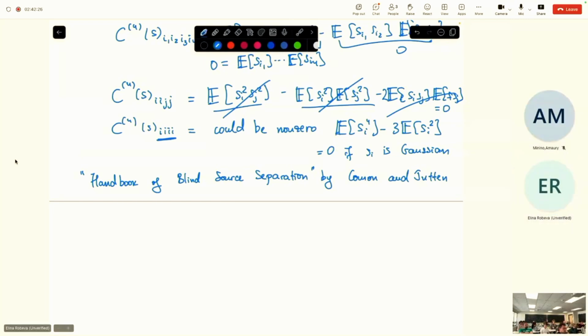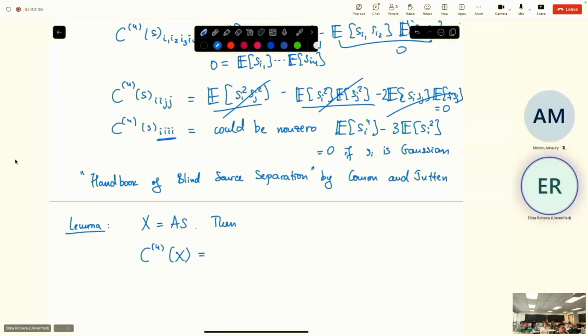So I just put a lemma here that says, if we have x equal to As, then C4 of x, and this is not just for C4, it's for any cumulant of x, can be obtained from the fourth cumulant of S using something I haven't defined yet, which is called the Tucker decomposition.